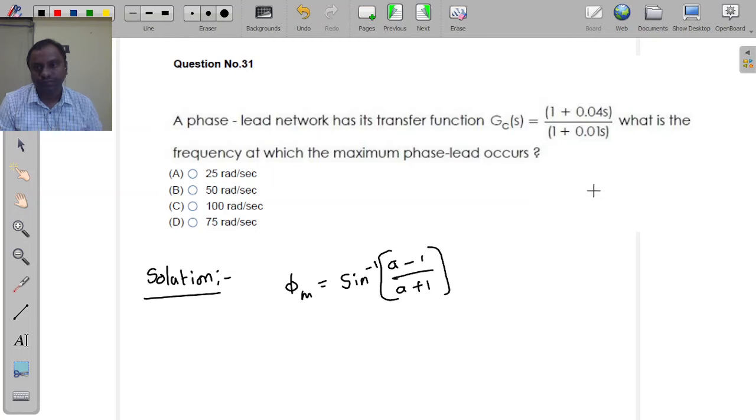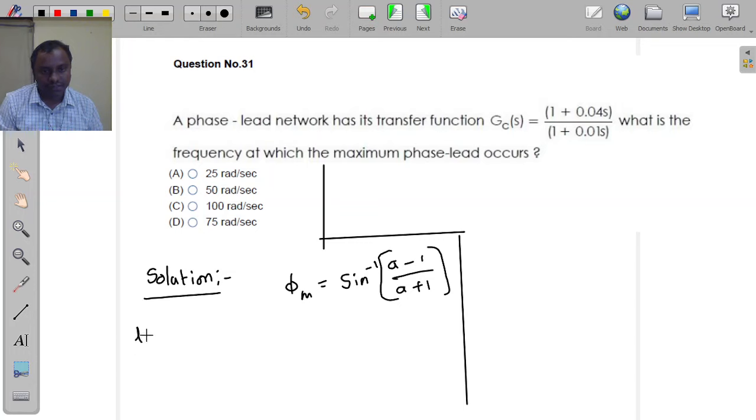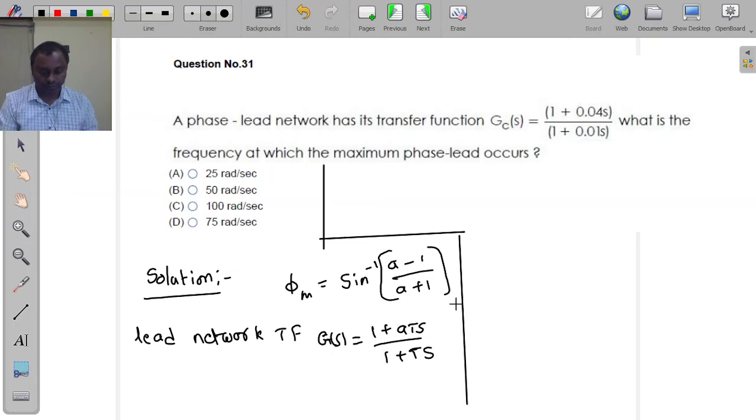What is the phase lead network transfer function? Lead network transfer function G of s will become 1 plus ATs divided by 1 plus Ts.